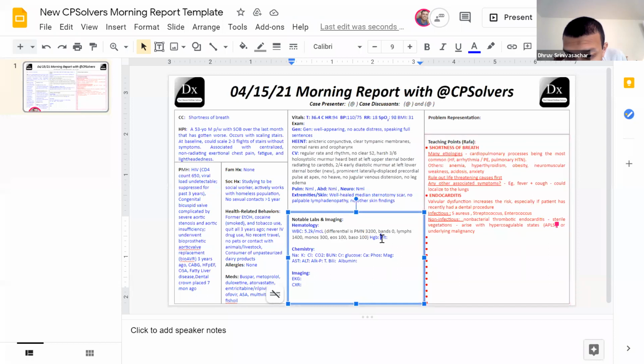Hemoglobin of 11.6 with an MCV of 82.7 and an RDW of 15.3, and platelets of 147.